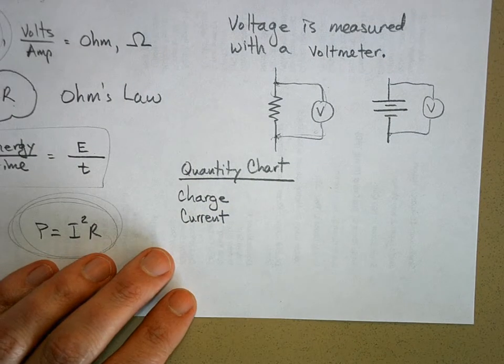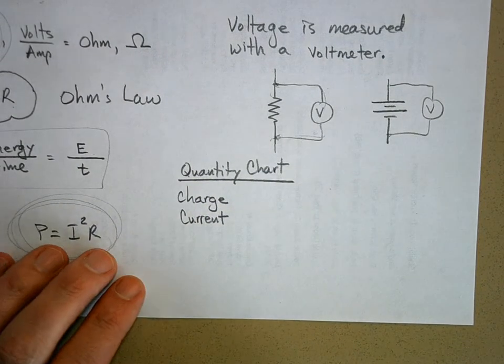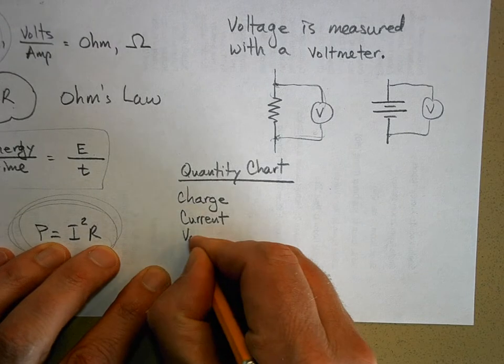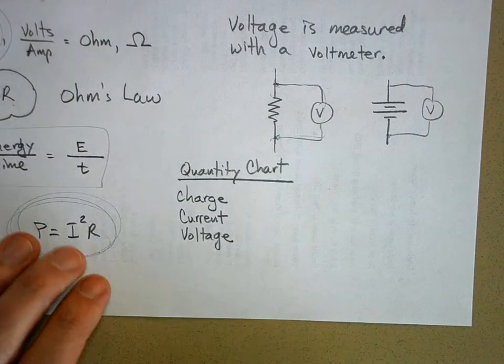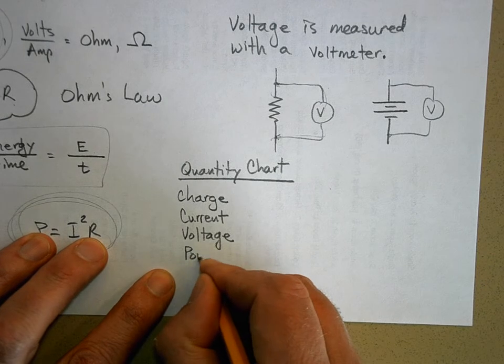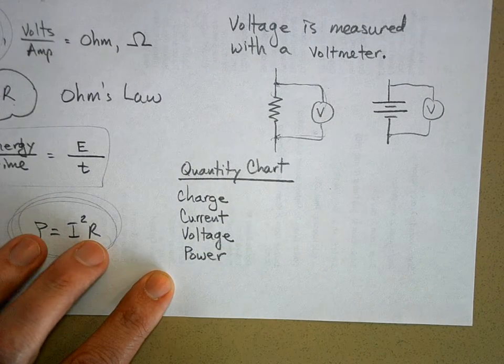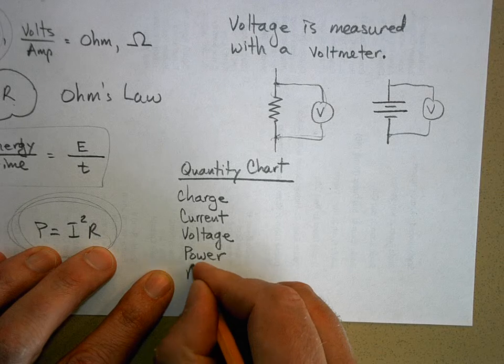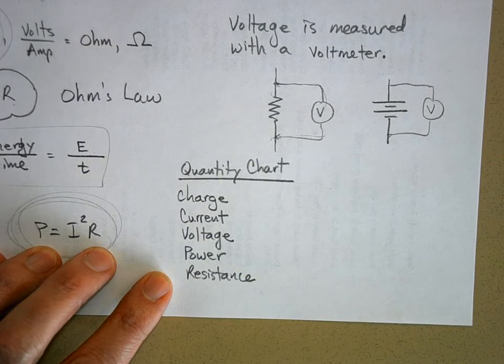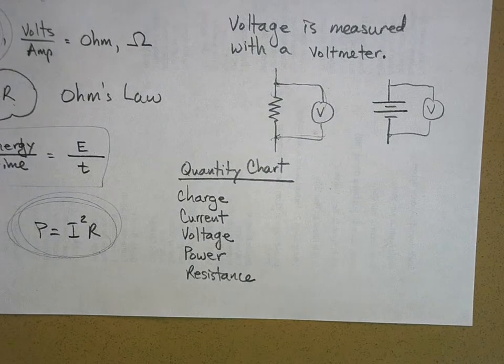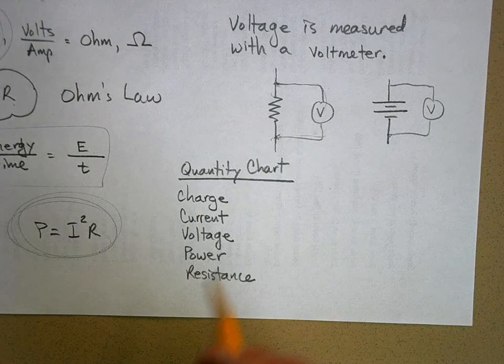We've got voltage. We've got power. And then over here we've got resistance. Okay. And is that it? Okay. Yeah, these are the 5 quantities that are new.